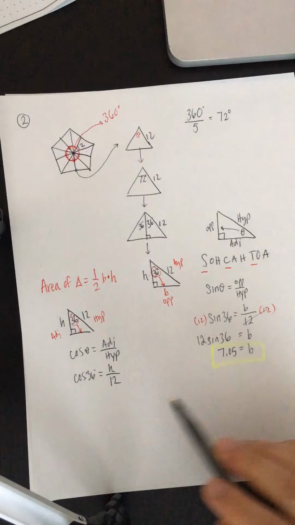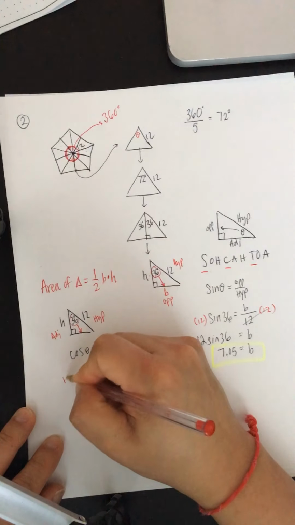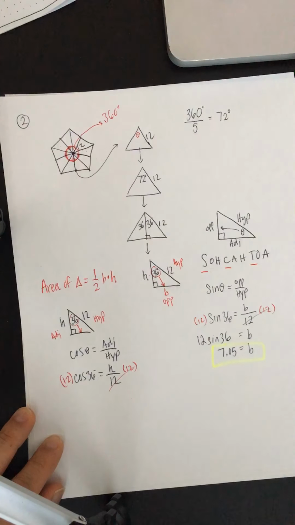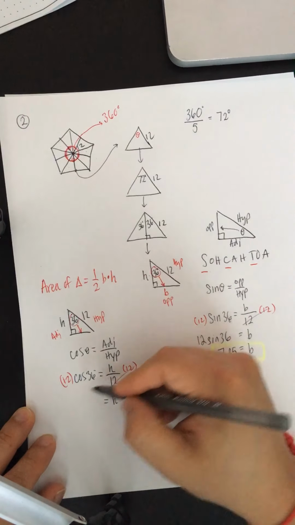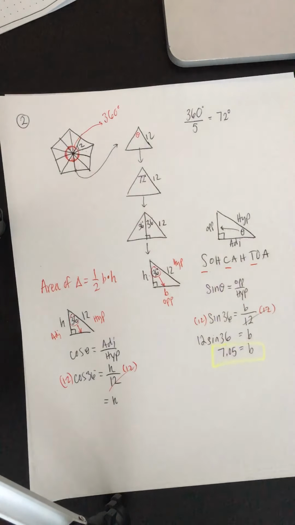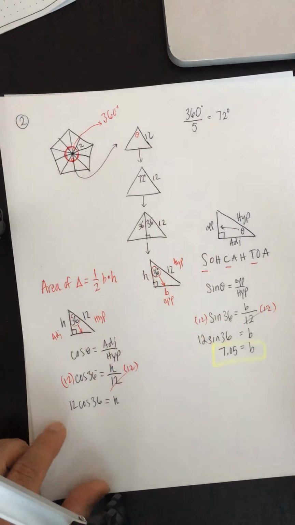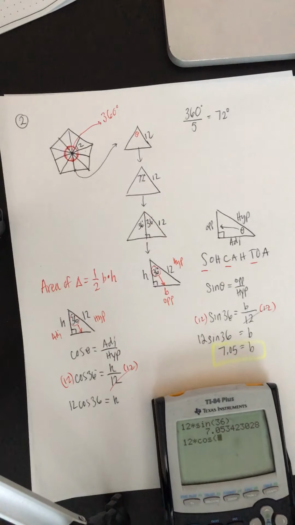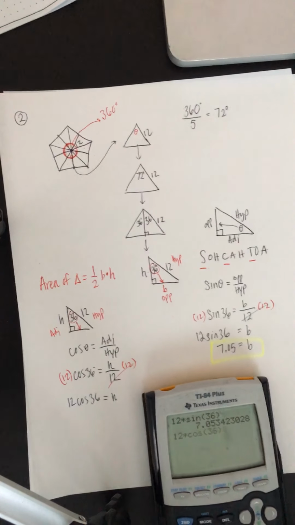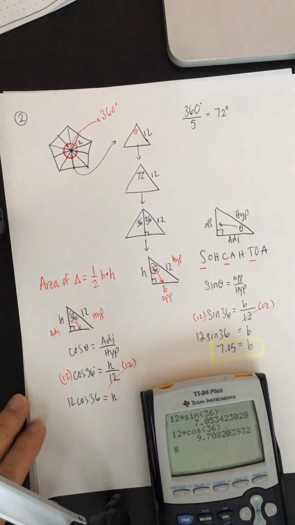Same thing again. Multiply 12 to both sides to get rid of that. H equals 12 times cosine of 36. Let's put this into the calculator, or we can write it over again. I like to write it over again. That gives us approximately 9.71.